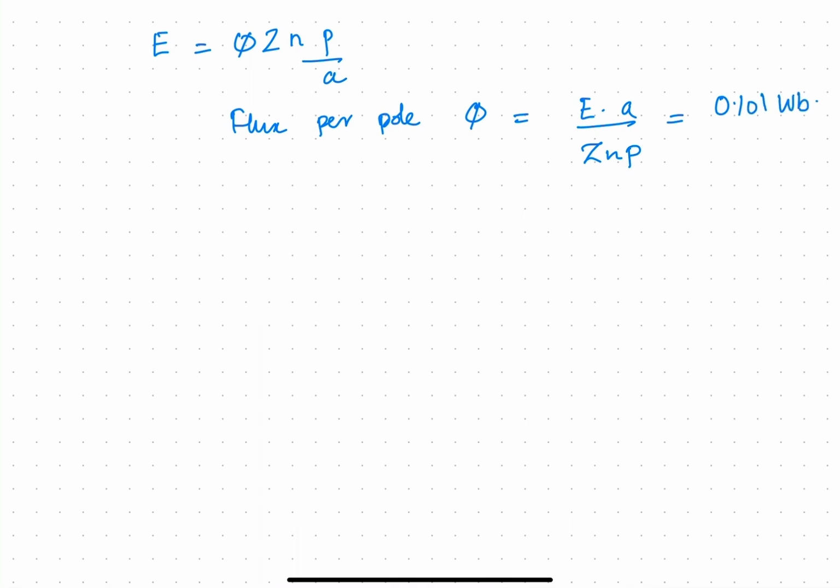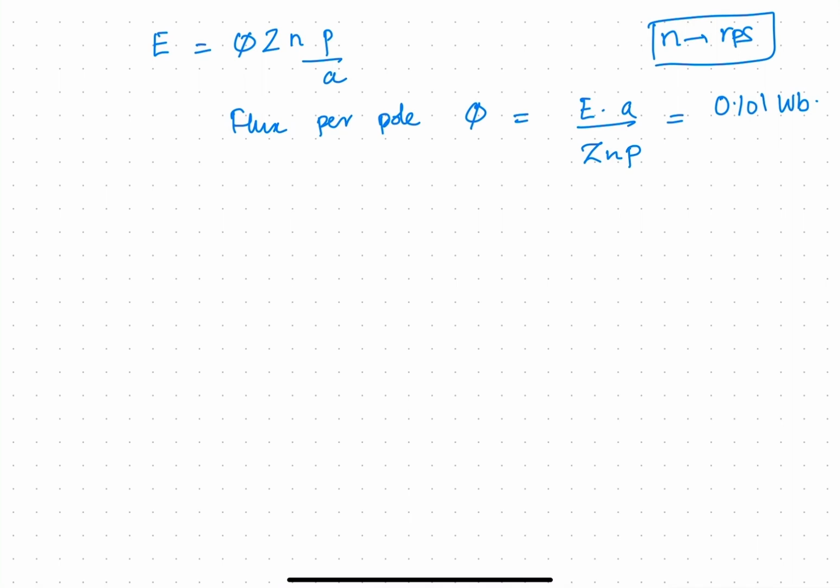Here you have to see this N has to be in radians per second, because this is RPM, you want to convert it into the appropriate units, so please see about the units. So the flux per pole phi comes out to be 0.101 Webers.